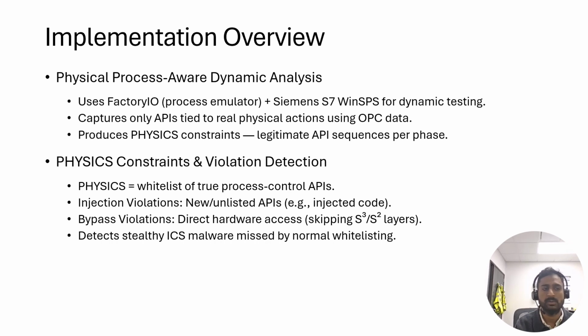Let's say when a rootkit or a kernel entity sends signals directly to the hardware, skipping the necessary S cube layers, which is S2 and S3 in this case. It also detects stealthy ICS malware that might be missed by just whitelisting traffic using the host IP and ports using this process.